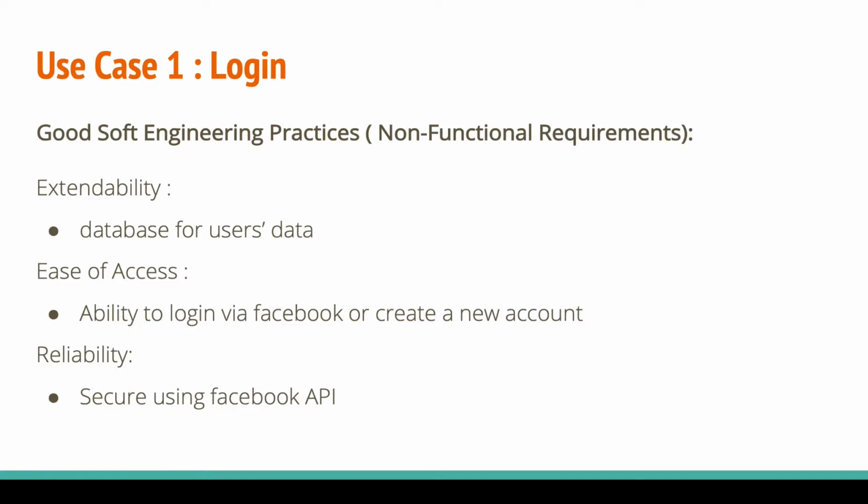For the ease of access, we have also added Facebook login and also a create new account so that users can easily log in through Facebook instead of setting up a new account. And for those who do not have, we are asking them to set up a new account. In terms of reliability, because we are calling the Facebook API, you can consider that the app is fully secure and the data is not getting breached anywhere.